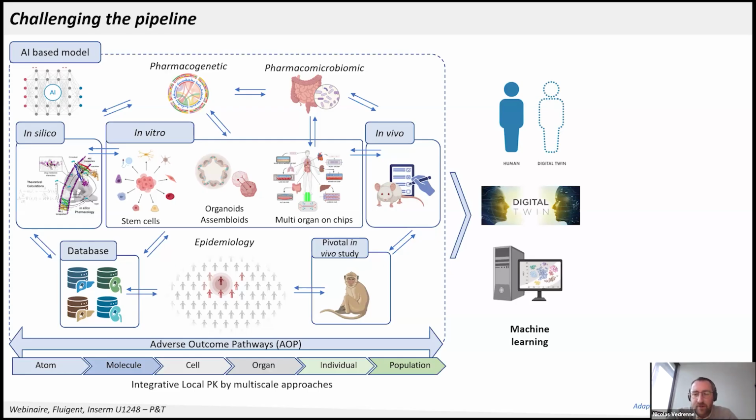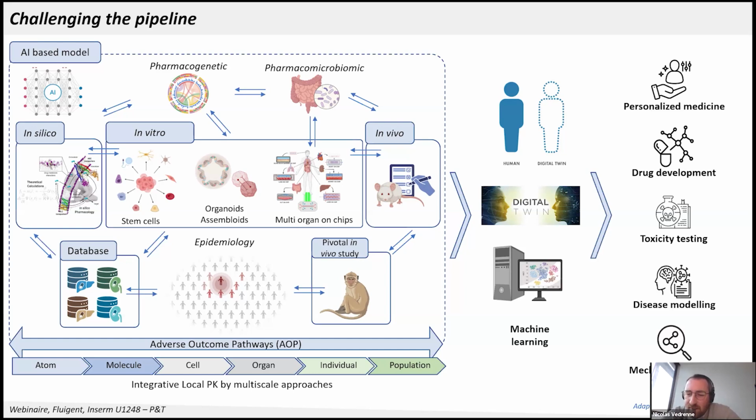So the new vision of pharmacology is one where experimental data and models come together to obtain a better, for example, personalized medicine, but also drug development, disease modeling, etc.